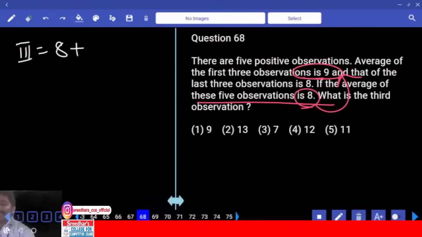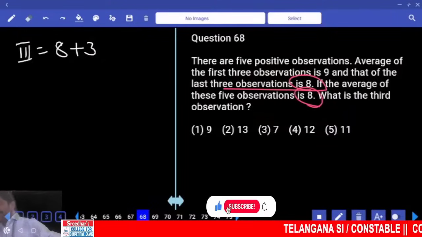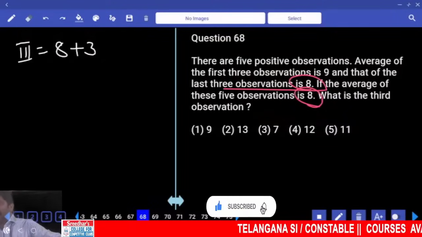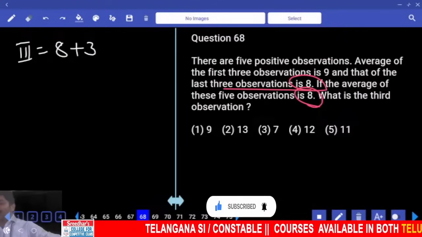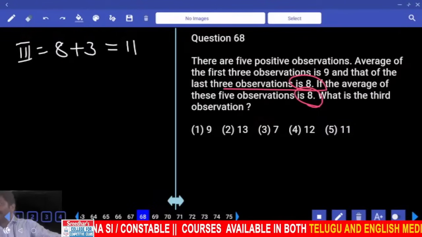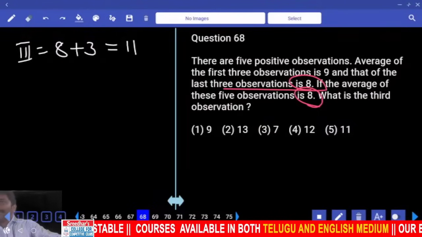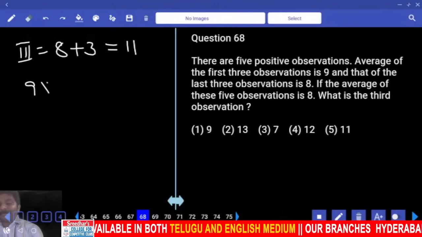Direct effect, I am adding 3. Average of last 3 numbers is 8, which is the same as the original average, so nothing more, nothing less. We don't have to add, we don't have to subtract. So our third number is 11 directly. Got it? Otherwise, first 3 numbers sum.